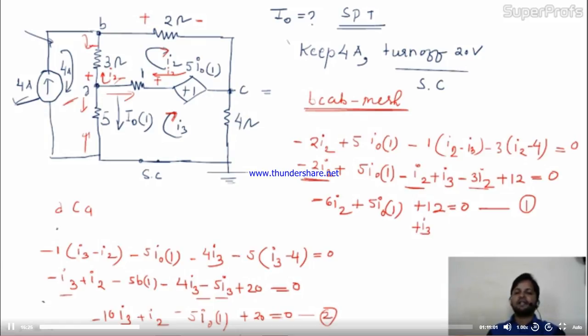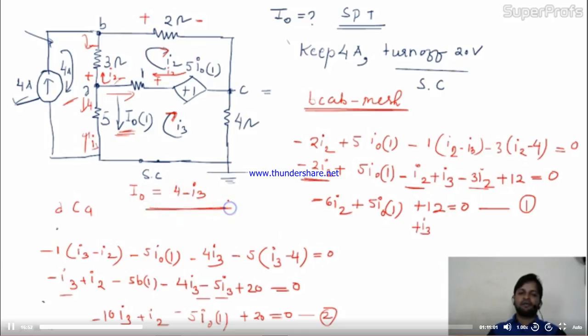So we need another equation to find out the unknown, right? So come here. What is the value of I0 in this circuit? I0 is the current coming from the upward direction. Upward the current is 4 ampere, and from the down the current is I3. So this I0 is nothing but 4 minus I3.